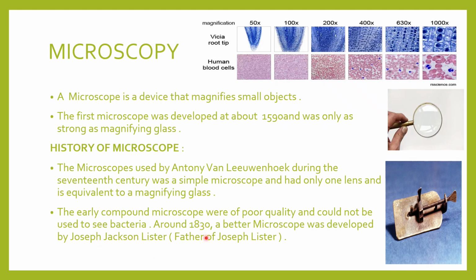The early compound microscopes were of poor quality and could not be used to see bacteria. Around 1830, a better microscope was developed by Joseph Jackson Lister, the father of Joseph Lister.